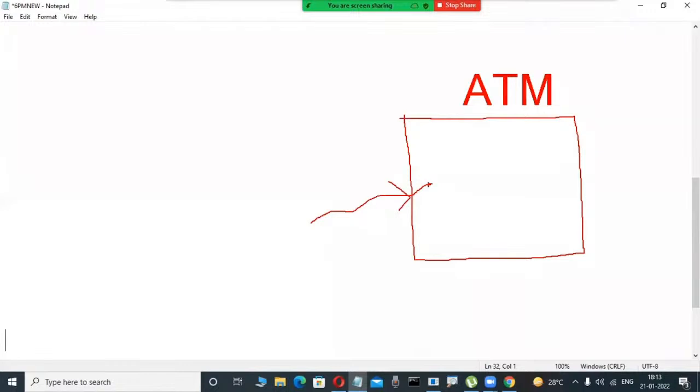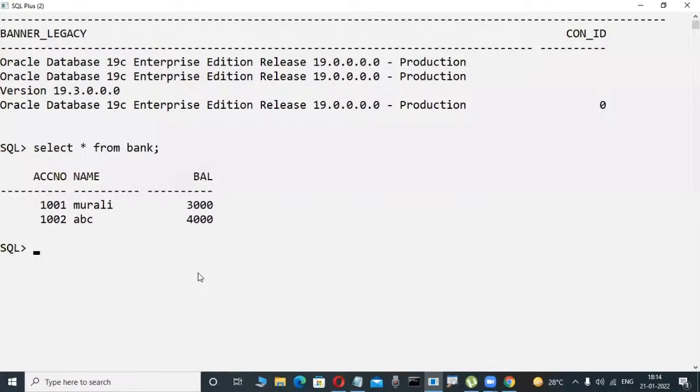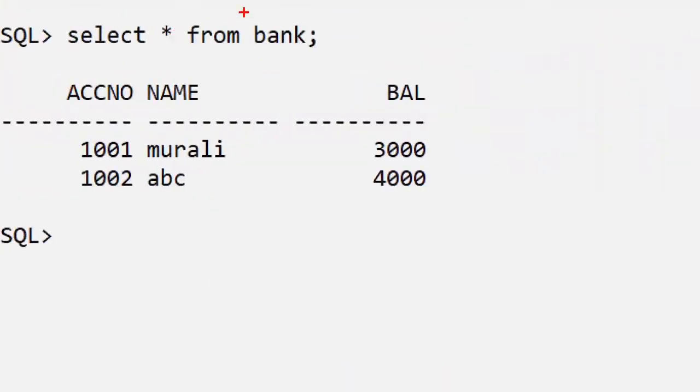Now check it out, observe the screen. Suppose in this database a bank table is there, for example. Observe the scenario, it is very easy to understand.